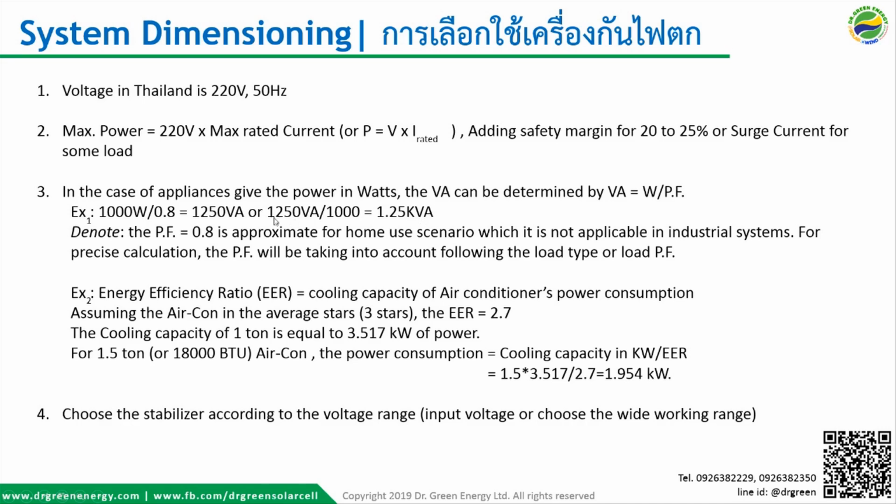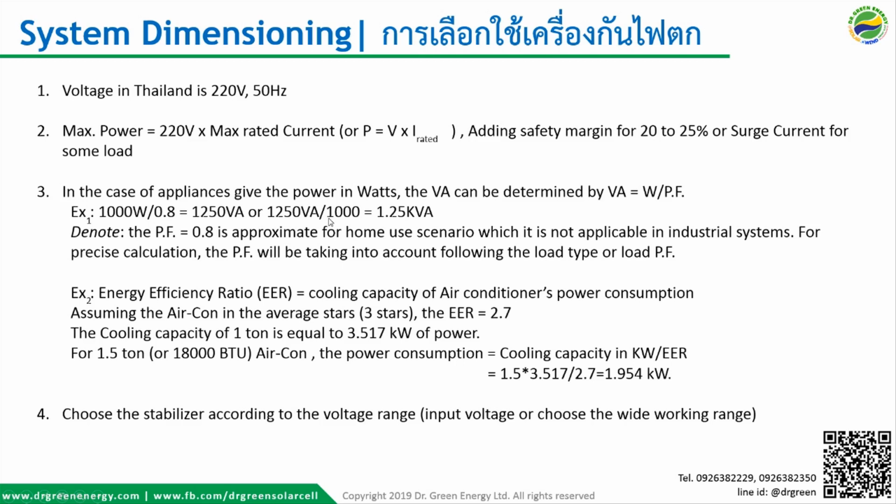Okay, if we divide this VA number by 1000, we get kVA. So for this example, 1000 watt, if we use a power factor of 0.8, we will get 1.25 kVA.